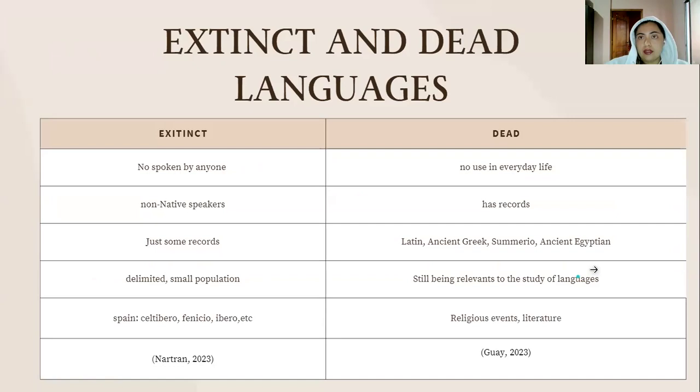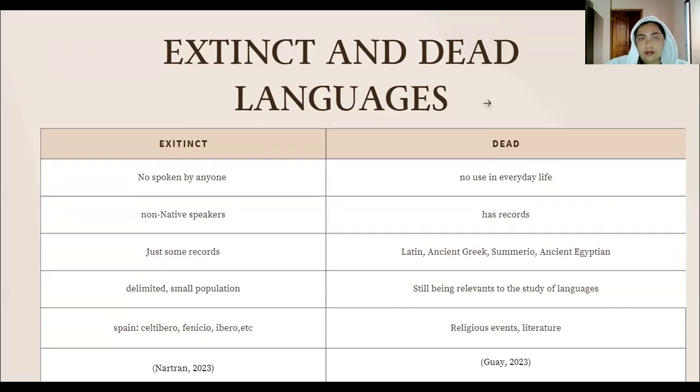Here I have the extinct and dead languages, and the difference between them. Extinct is a language that no one speaks. No one can speak this language because it's extinct. It doesn't exist, there are no native speakers.